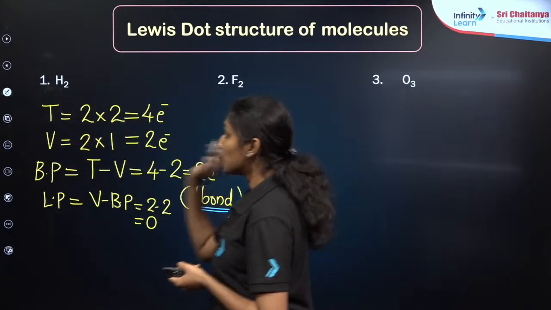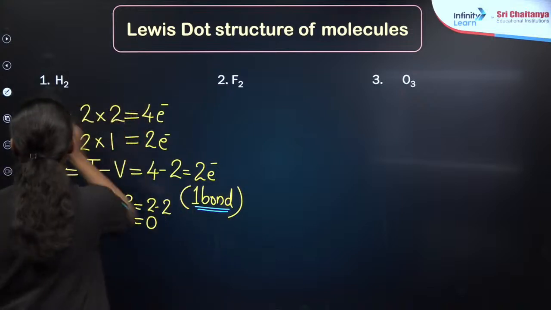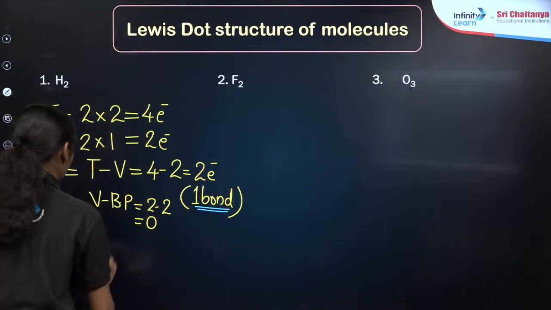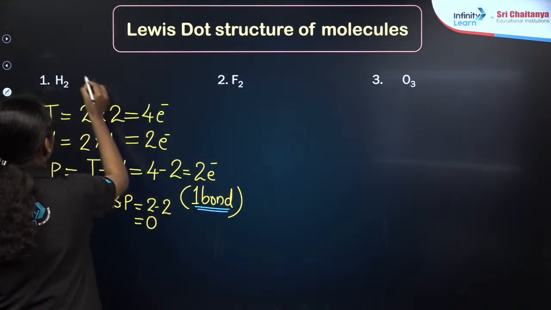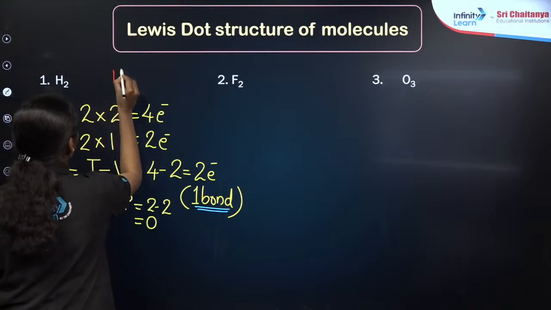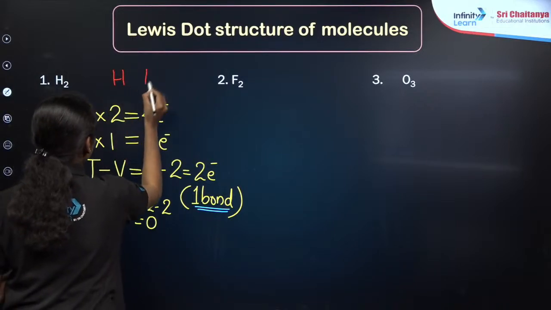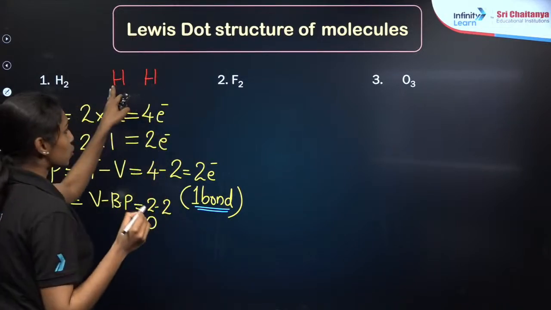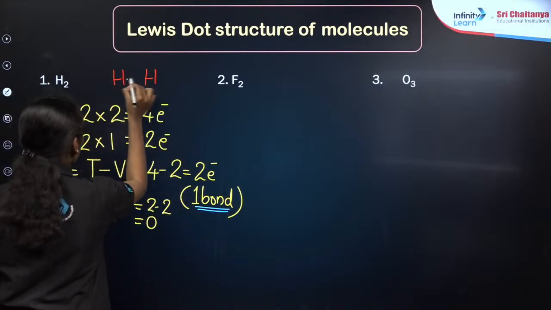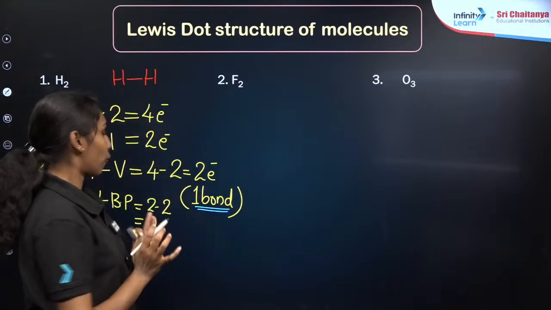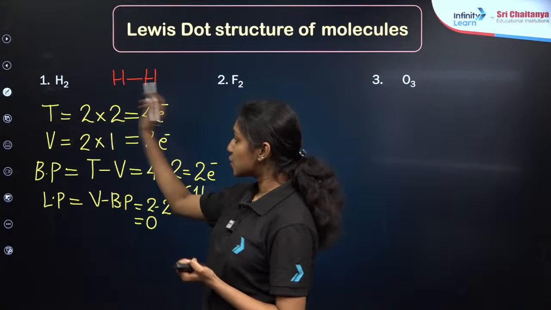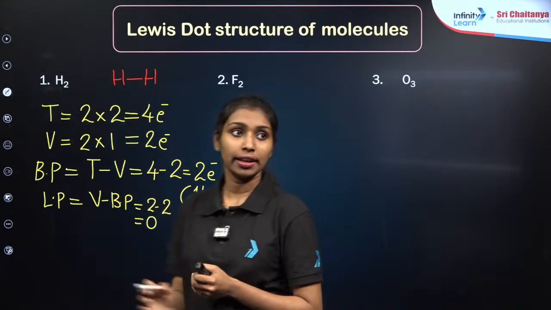So I can draw the Lewis dot structure of the H2 molecule as: this is one hydrogen, this is another hydrogen, with one bond between them and no lone pairs. So I can represent the H2 molecule as H-H. Clear?